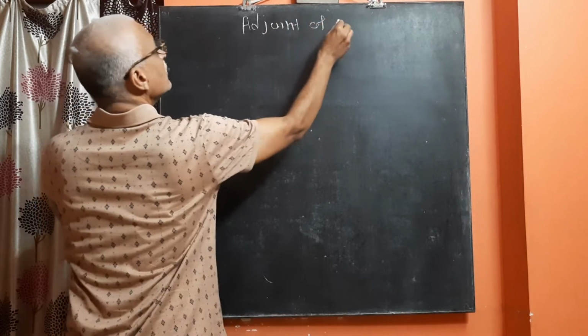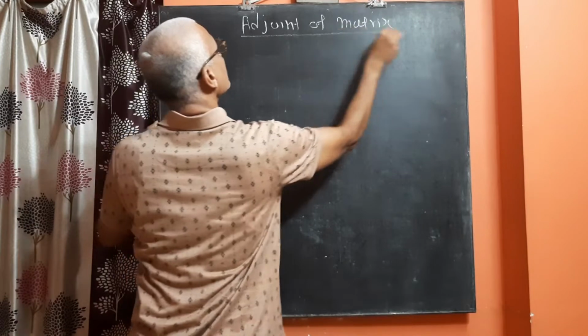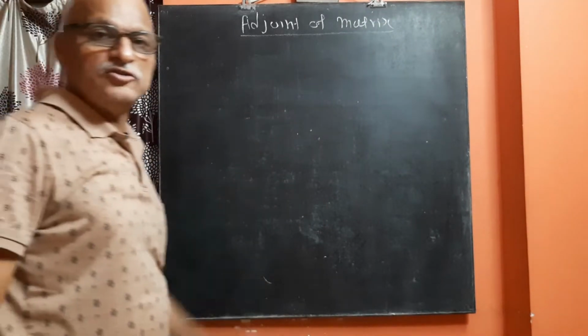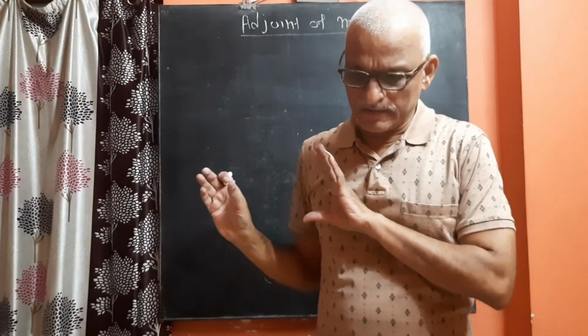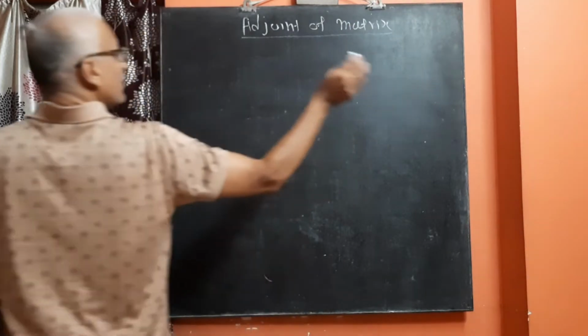Adjoint of matrix. Now to find out the adjoint of a matrix, first we will see the complete procedure. We will start with the matrix.